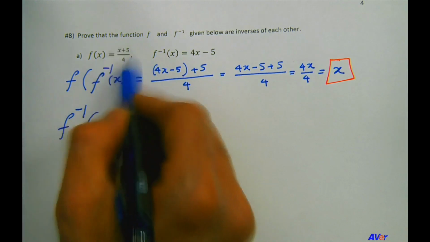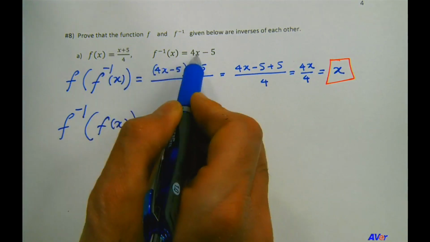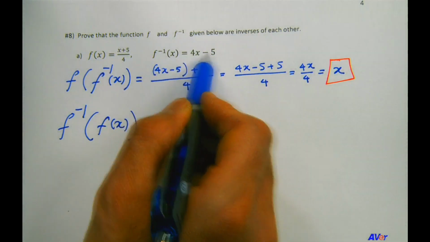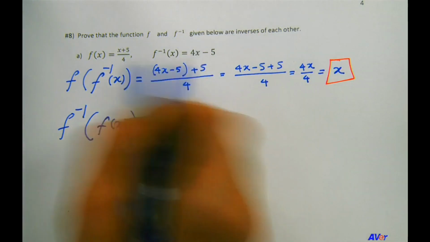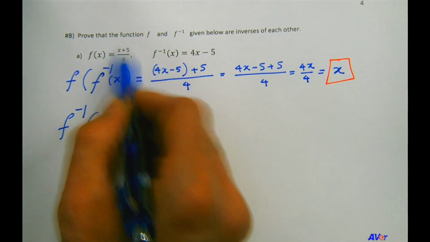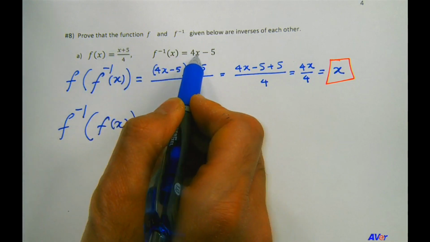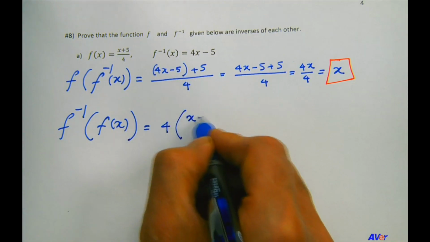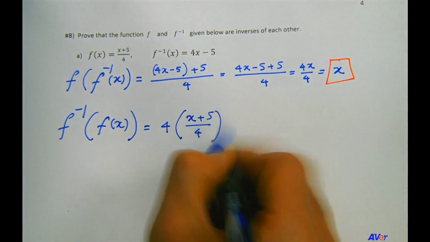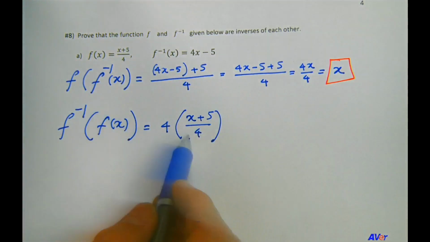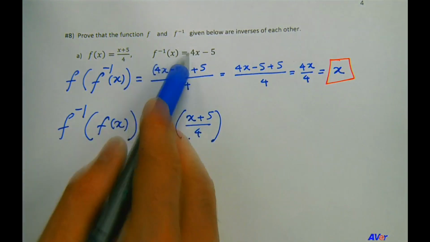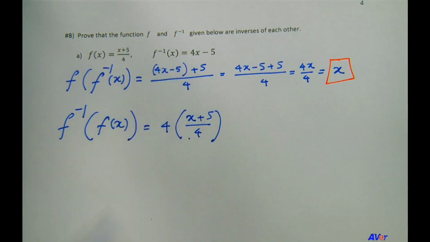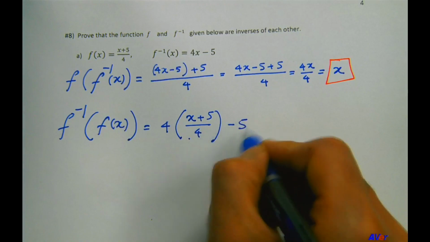So all of this gets replaced here. Where can it go? It can't go inside 4 or negative 5. X is the variable. So all of f of x is going to replace x. So we have 4 times, instead of x, all of f of x, minus 5.